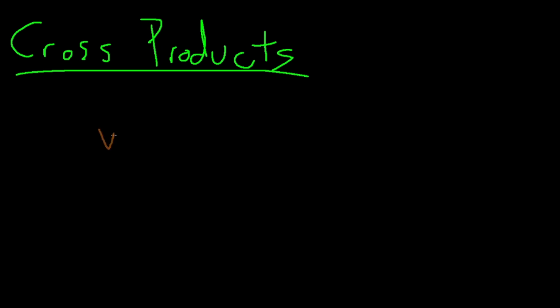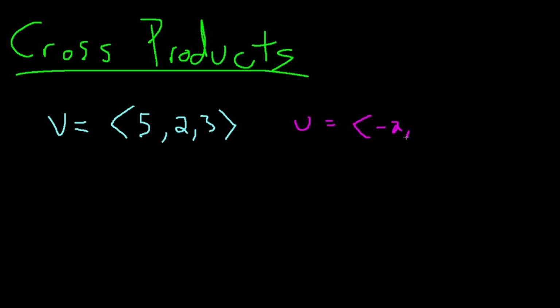Let's say vector v is going to be 5, 2, 3, and vector u, sorry, is going to equal -2, 5, 0.